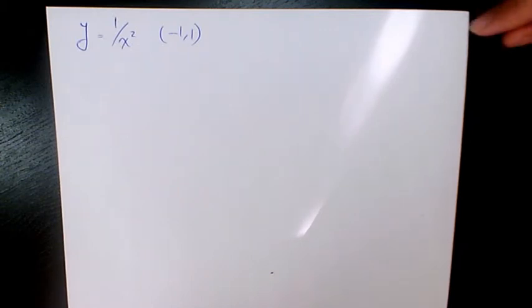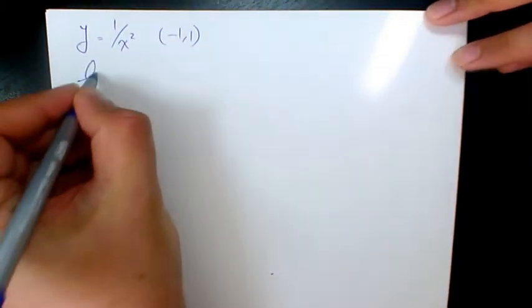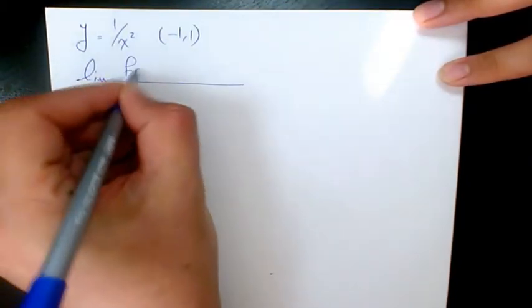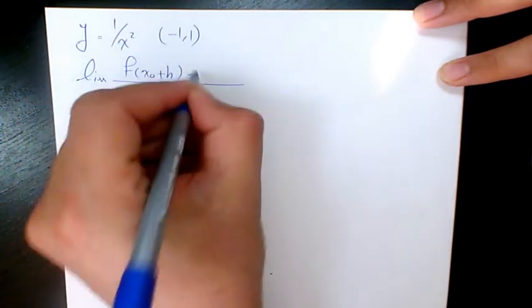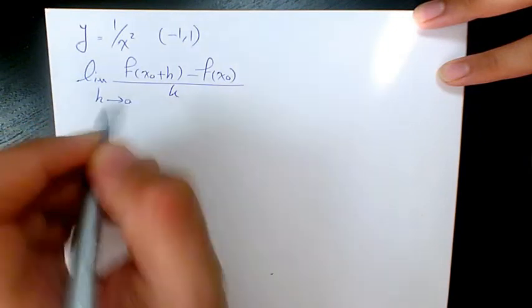Now in this example, the function is 1 over x squared at points negative 1 and 1. So again, limit of f of x naught plus h minus f of x naught divided by h when h approaches 0.